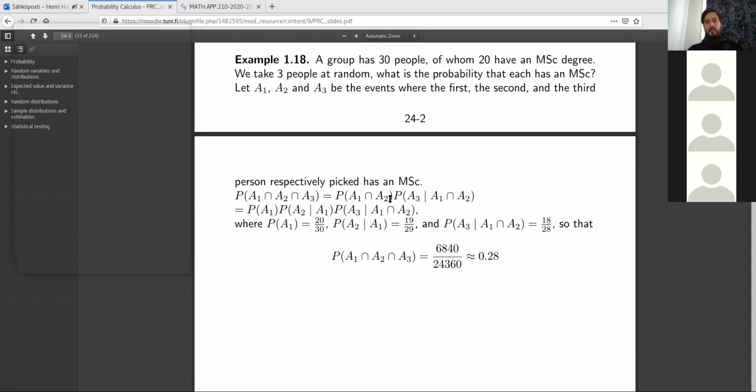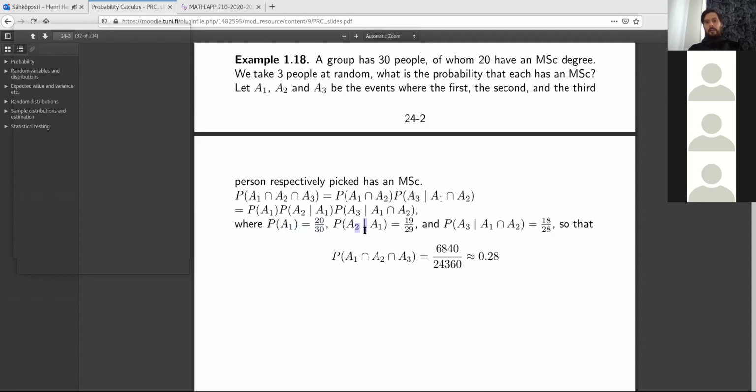So what are these? Well, this conditional probability involves computing how many are left. In the first case, when the first one comes out, it's 20 out of 30.